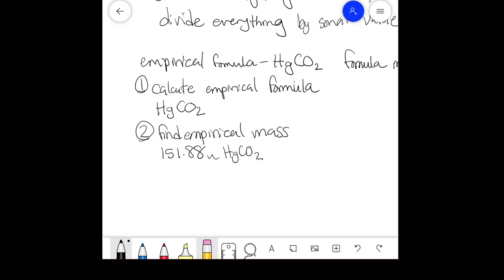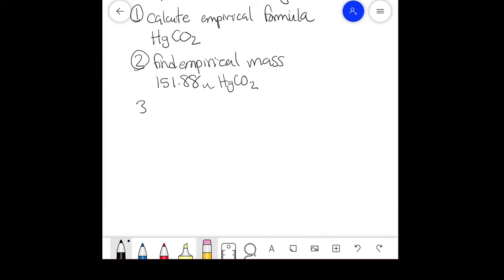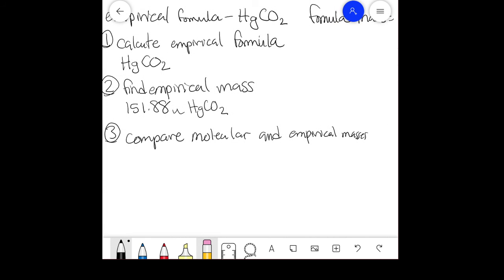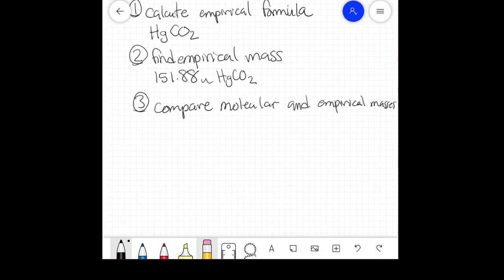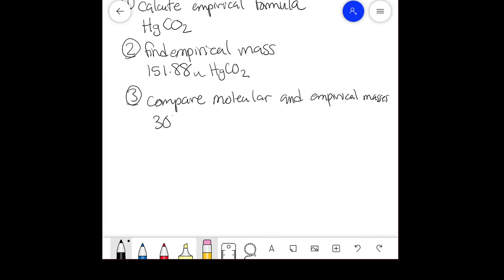So our third step is to compare the molecular and empirical masses. Molecular can also mean formula, same thing. So we know we have 304 and then 151.88.